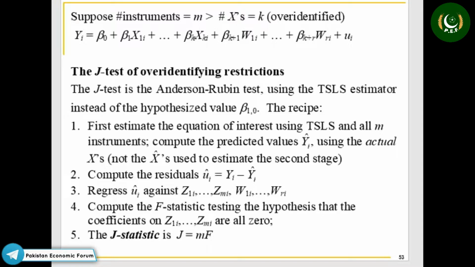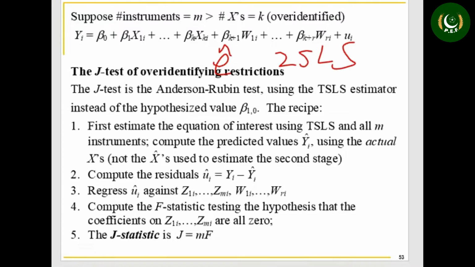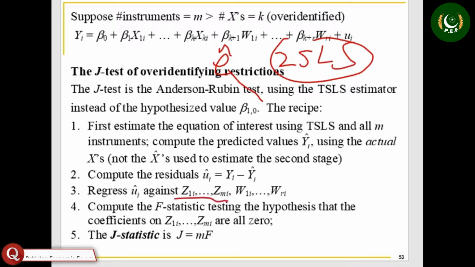So, very simple. First of all, we get E hat or U hat by using 2SLS, as I explained in my previous video, and in this video as well I will explain. And then, regress the E hat obtained by using this 2SLS on all Z's and all exogenous regressors.